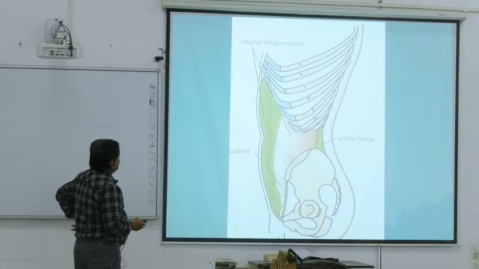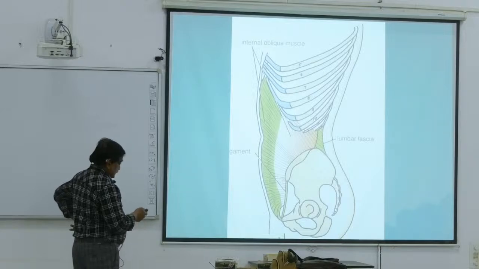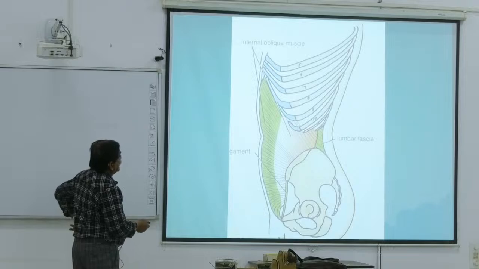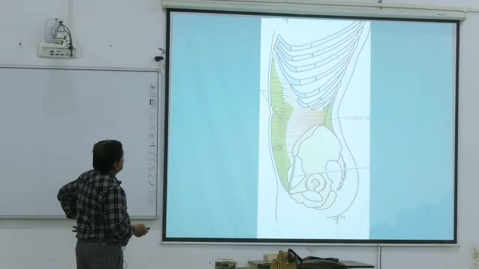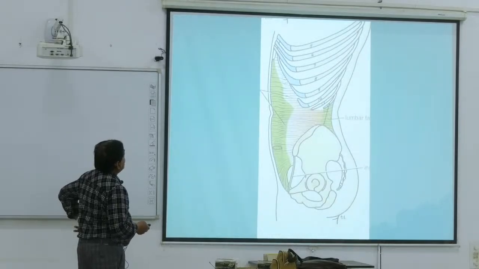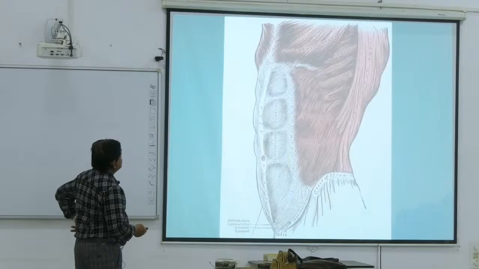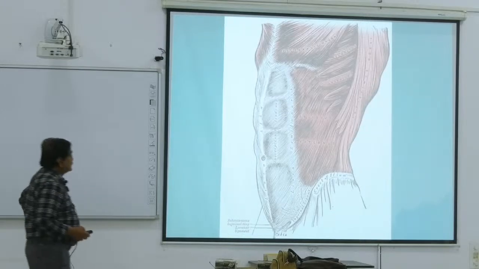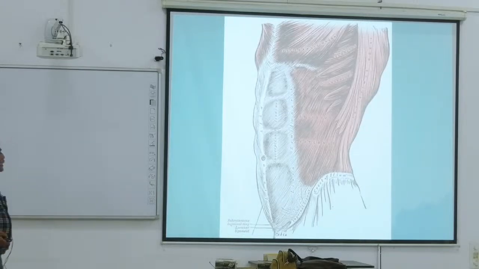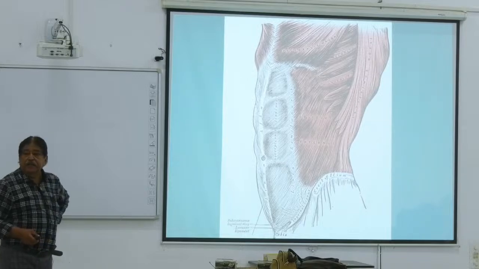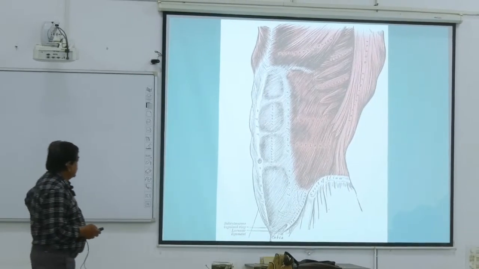Now again, internal oblique muscles. See how it is attached. Here is the lumbar fossa. This is the rectus. Here is a beautiful hand-drawn picture from Gray's Anatomy, a beautiful illustration.